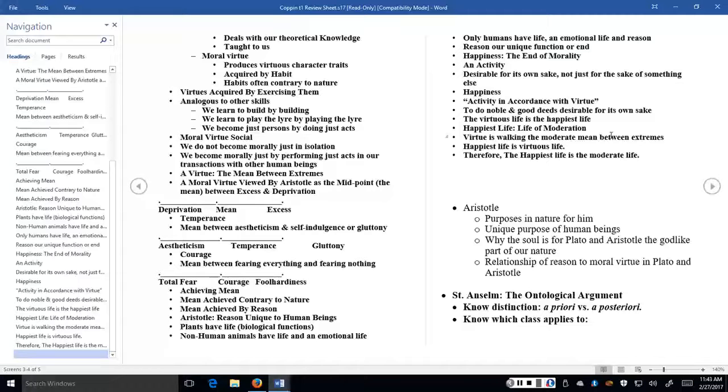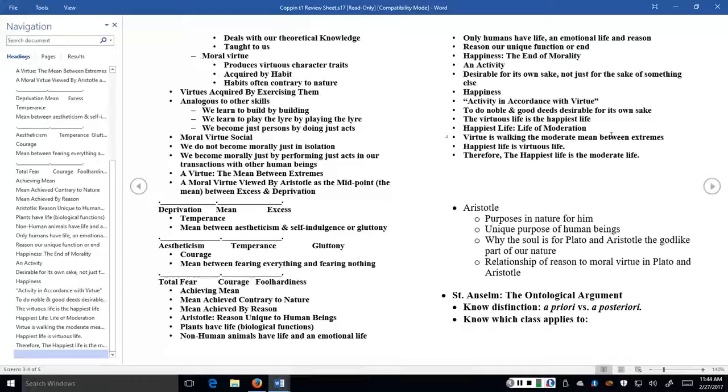I'm lost right here. How are we answering this with the deprivation, mean, and excess? The mean is the middle point? Yes, the mean is the middle point. In other words, for courage, it's the middle ground between fearing everything and fearing nothing. But it's having fear but controlling it rationally. That's courage for him.